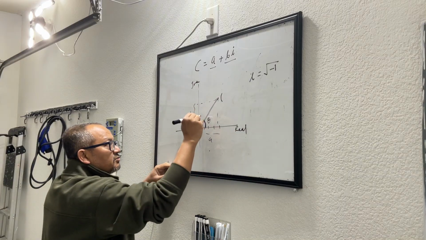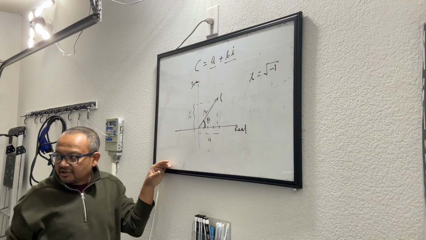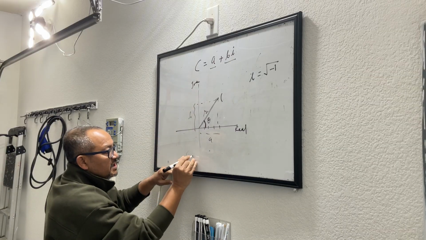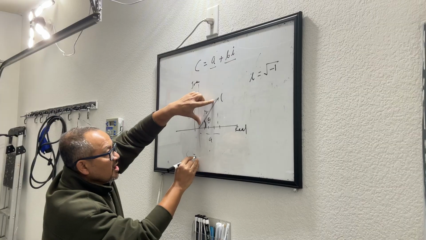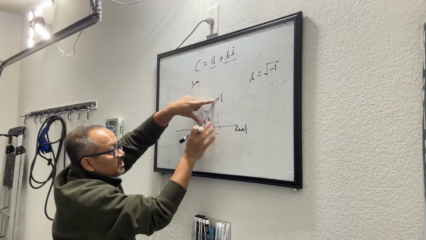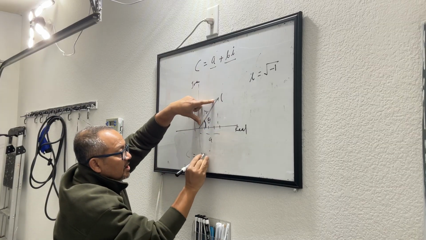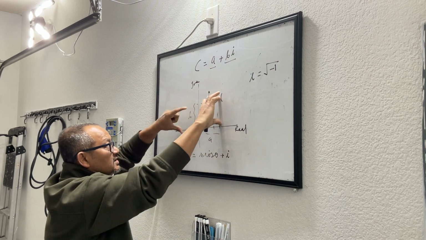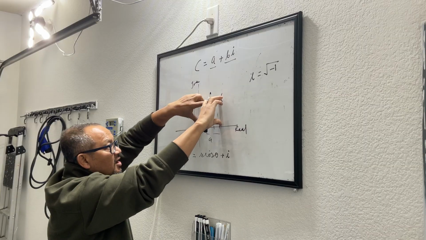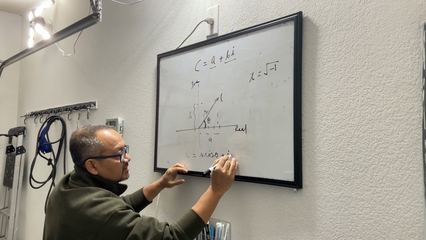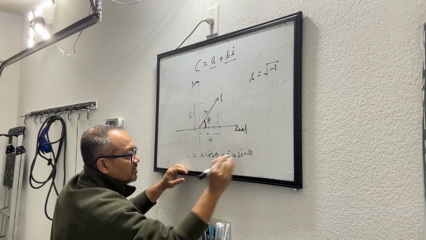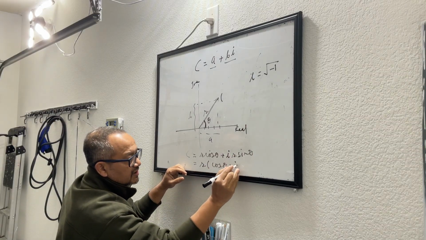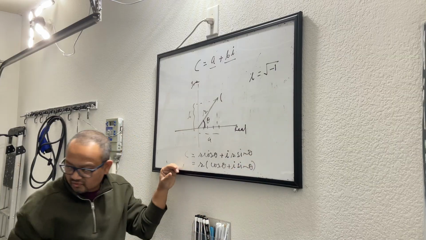If this distance from here to here is r, the magnitude of the complex number, you can represent the complex number c in polar form as r cos theta, which is the real component, plus i times this distance b, which is r sin theta. Or you can write it as r times (cos theta + i sin theta). This is what we have covered so far.